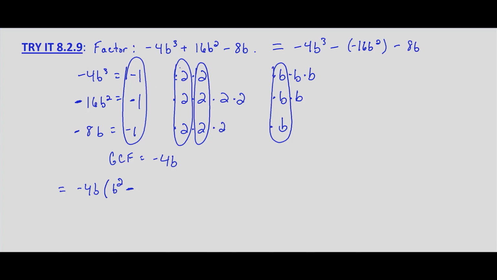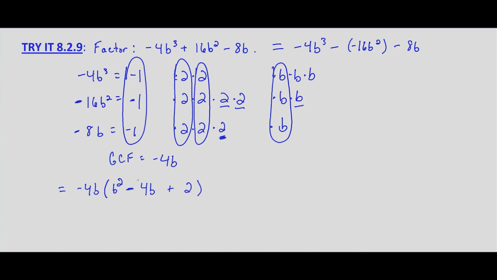We have 2 times b, so 4b, so minus 4b. And then negative 4b times what's left in our last row is just 2. So plus 2.